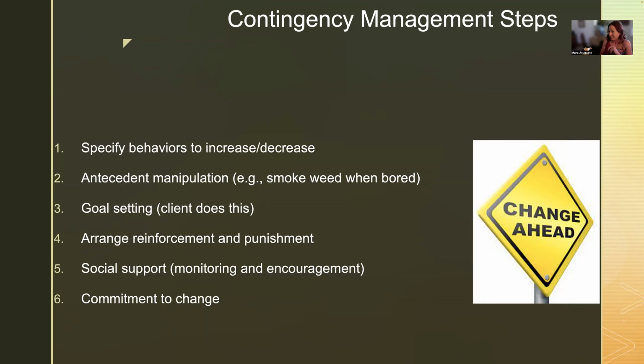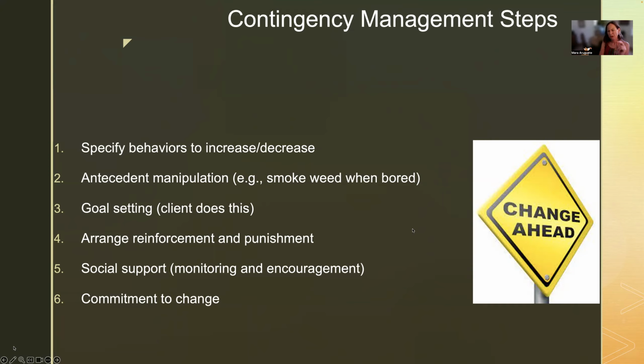Maybe you want to decrease drug use behaviors. That's typically going to be the case. Sometimes in the case of drug use, it would be a classification of drugs. If the person was using meth, you wouldn't want them to necessarily use cocaine as an alternative. So it might be a class of drugs.